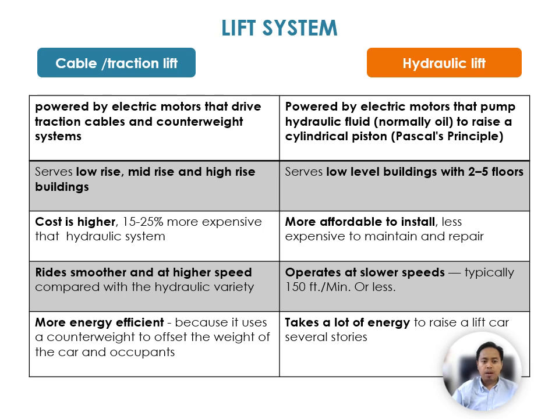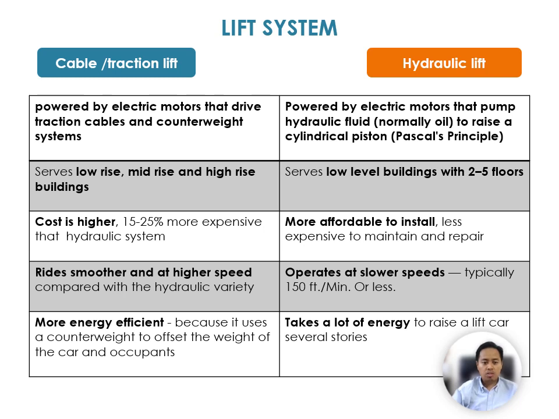Cable lift is powered by electric motors that drive traction cables and counterweight system, whereas hydraulic lift is powered by electric motors that pump hydraulic fluid, normally oil, to raise a cylindrical piston in the application of Pascal principle. Cable lift serves low-rise, mid-rise, and high-rise buildings, whereas hydraulic lift serves low-level buildings with 2 to 5 floors only.